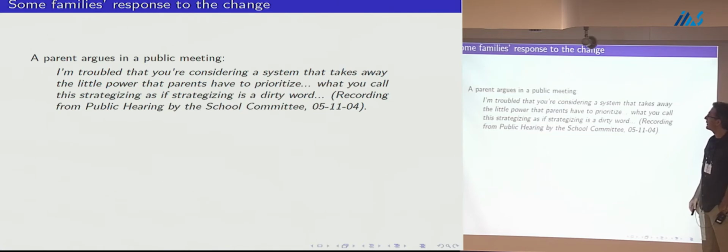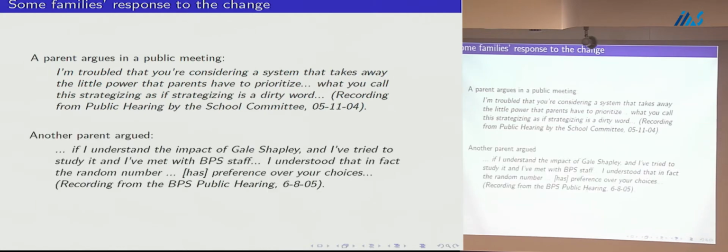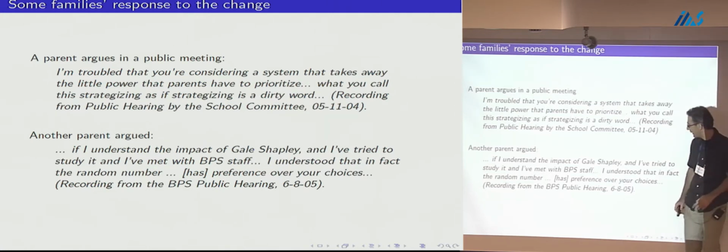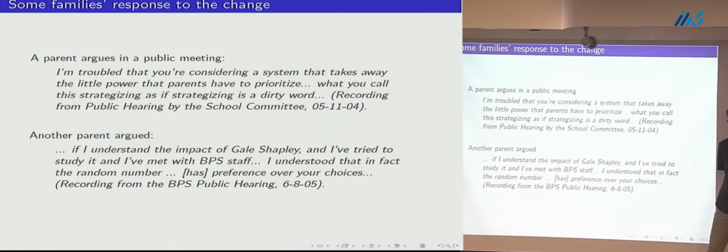What do you call this strategizing?" As if strategizing is a dirty word. And here's another parent one year later. "If I understand the impact of Gale-Shapley, and I have tried to study it, and I have met with the Boston Public School staff, I understood that, in fact, the random number has preference over your choices."